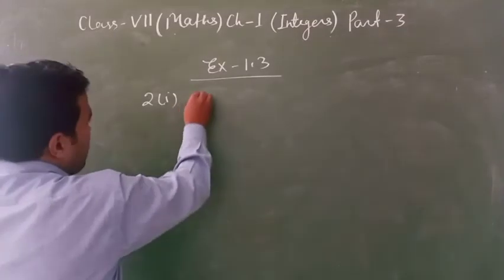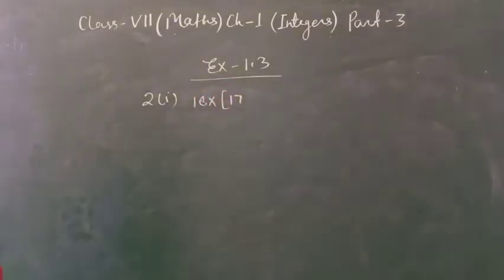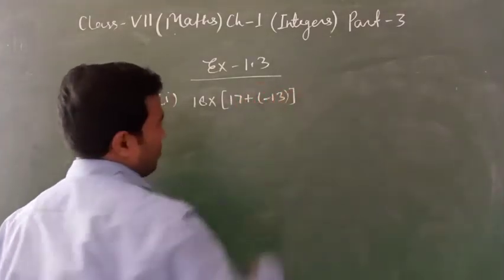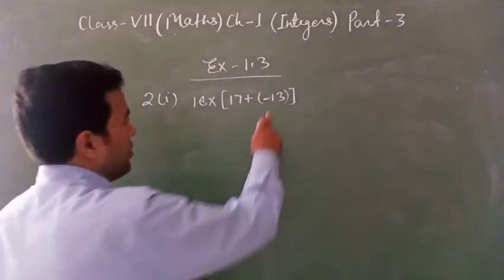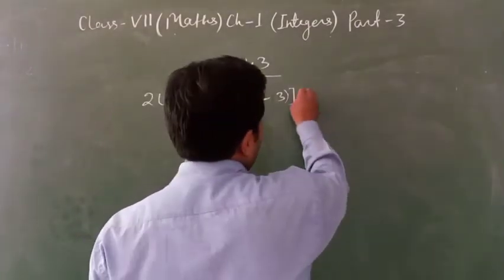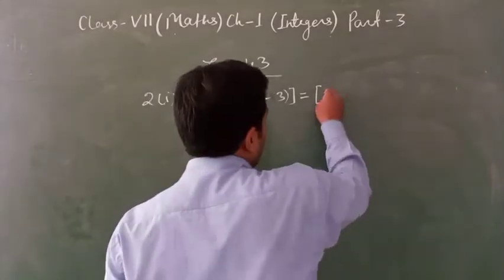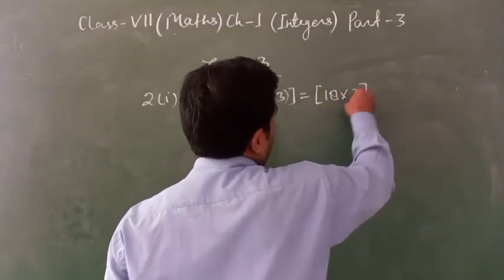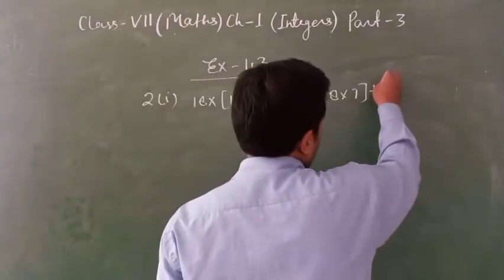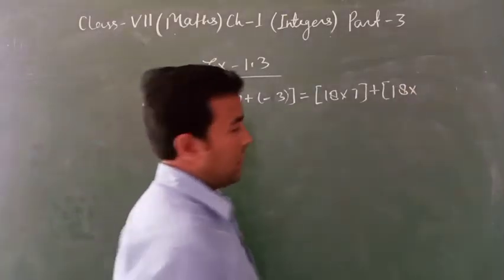Now second question, verify: 18 into 7 plus minus 3 equal to 18 into 7 plus 18 into minus 3.